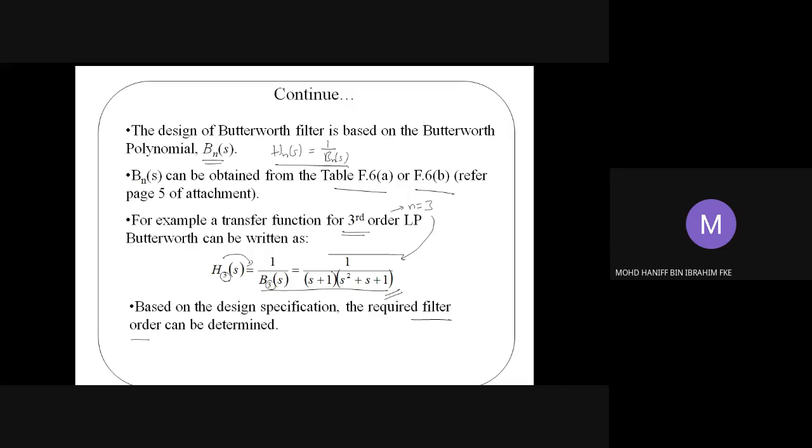Then you can refer to table F6a or table F6b, and from there you can obtain the B_4(s), the Butterworth polynomial equation for n equals 4. Then you can find the normalized transfer function H_4(s). So first thing first, you need to obtain the filter order of the Butterworth filter.